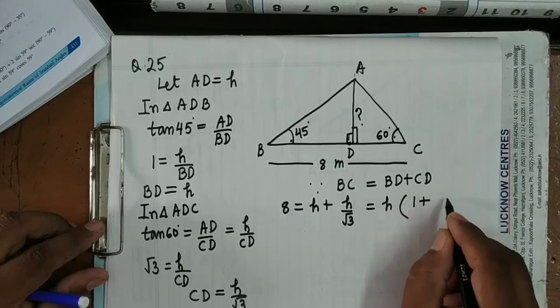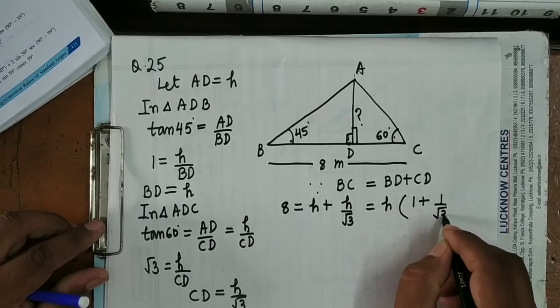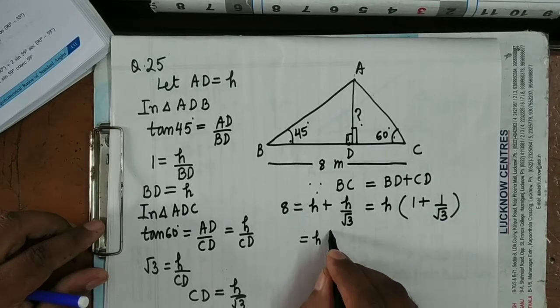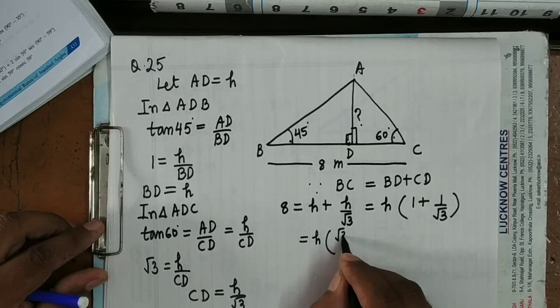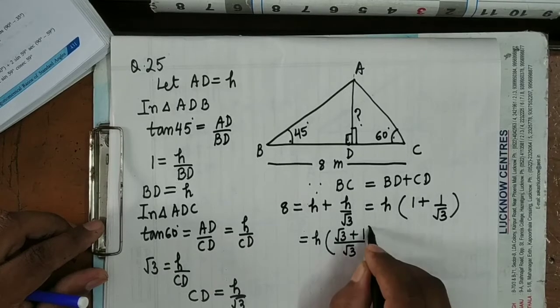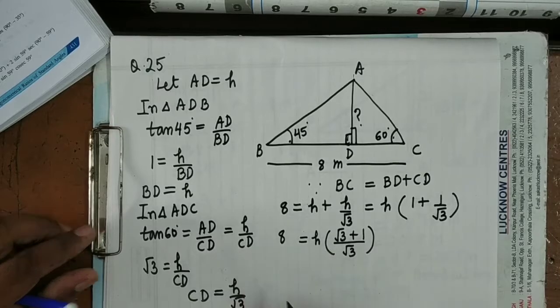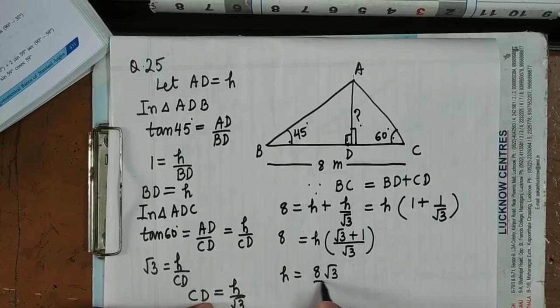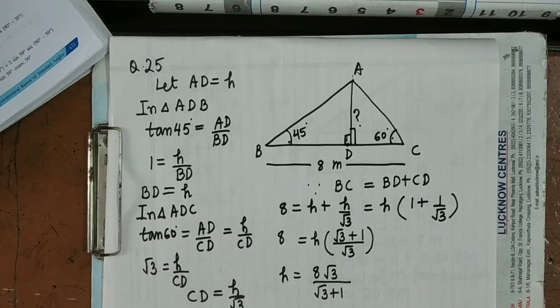So 1 plus 1 upon root 3 is H times root 3 plus 1 upon root 3. So H equals 8 root 3 upon root 3 plus 1.